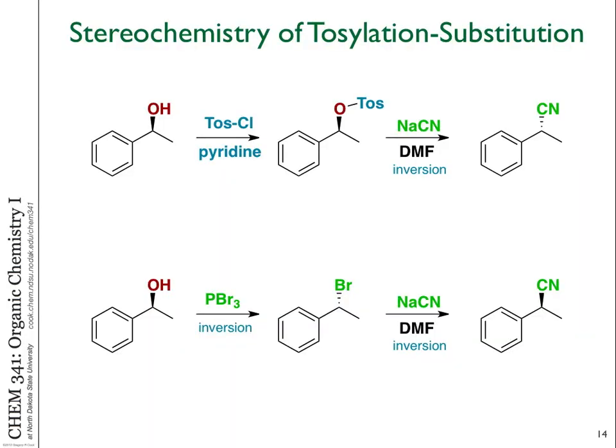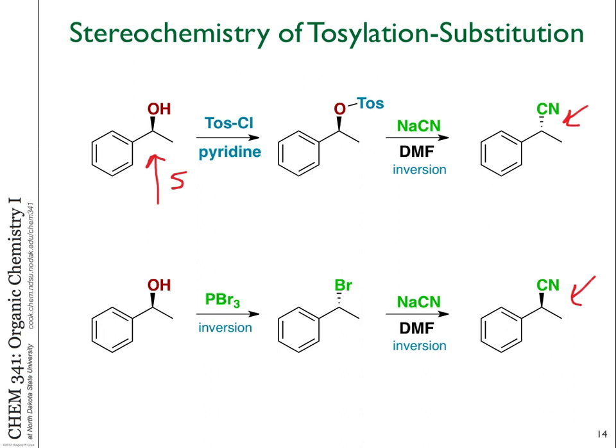If you start with an alcohol where you have the exact same stereochemistry, which configuration is this? S. Yeah, that has the S configuration, so does the one on the bottom. And we want to make a cyanide. We have the ability to make either enantiomer of the cyanide, depending on how we carry out this reaction.